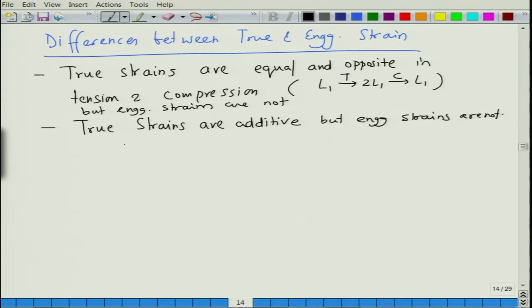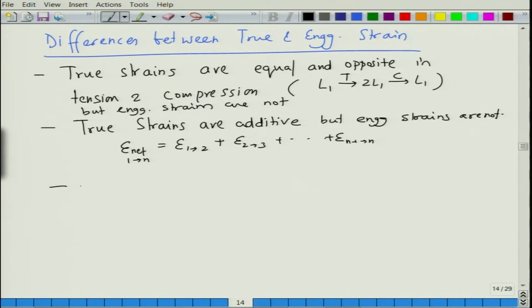Which means epsilon net is equal to epsilon 1 to 2, let us say, plus 2 to 3. So, you go from one step to the second step, first pass, second step to third step, third pass and so on, and if you compute the sum, it will be equal to the overall strain. Let us say if you go from n minus 1 to n, so this would be 1 to n. So, this would sum, but engineering strain will not.